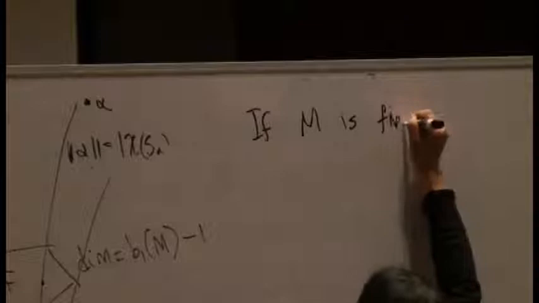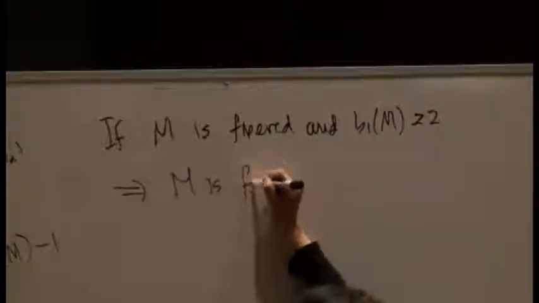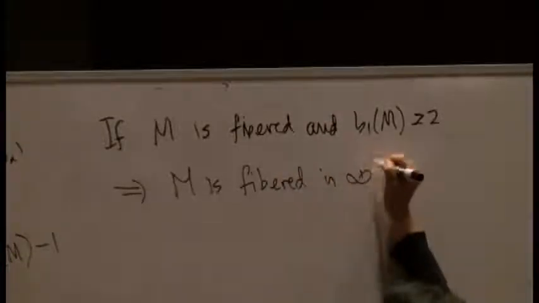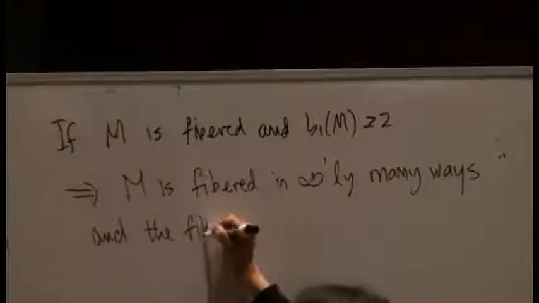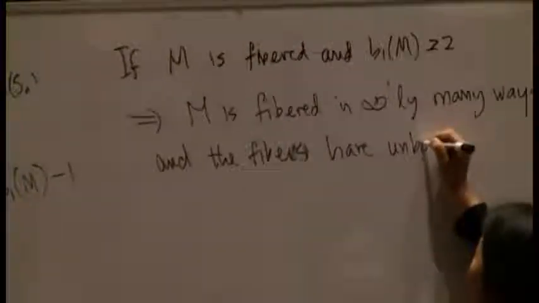So you can see that if M is fibered at all, and the first Betti number is bigger than or equal to 2, that means that M is fibered in infinitely many ways, and the fibers have unbounded topological Euler characteristic.